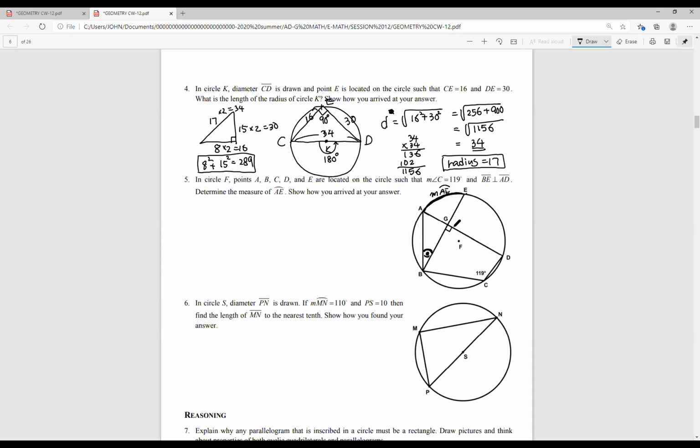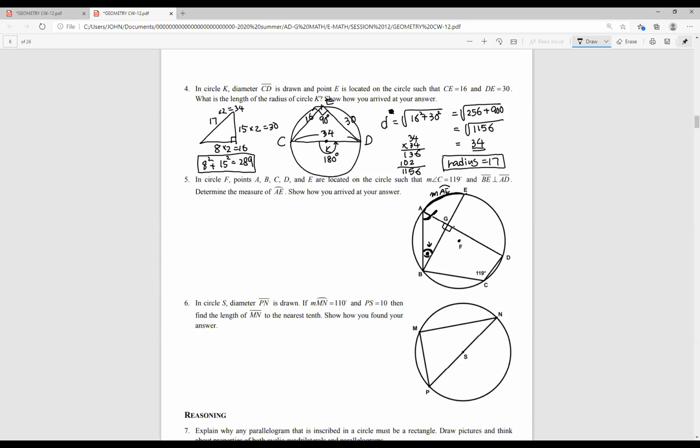No, this is a right angle, it's not the center angle. Which is the center angle? We have a center over here, okay? I'm going to give you a tip. This is a right angle. If you know this angle, we can find this angle, right? The sum of these two angles is 90. How can you find this angle?